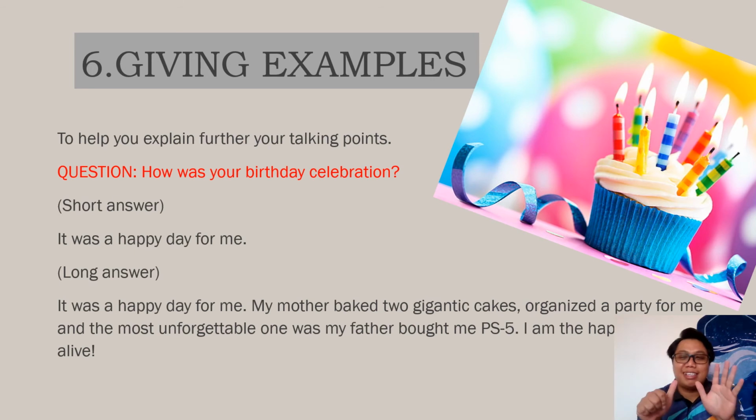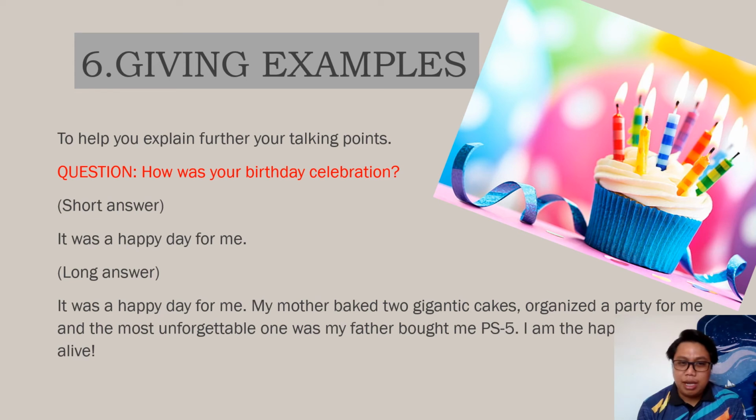Tip number 6, giving example. Why do you want to give an example? It is to help you explain further about your own talking points. For example, how was your birthday celebration? You can answer in short, it was a happy day for me. But then, for part 2 and part 3, you need to answer in longer sentences.